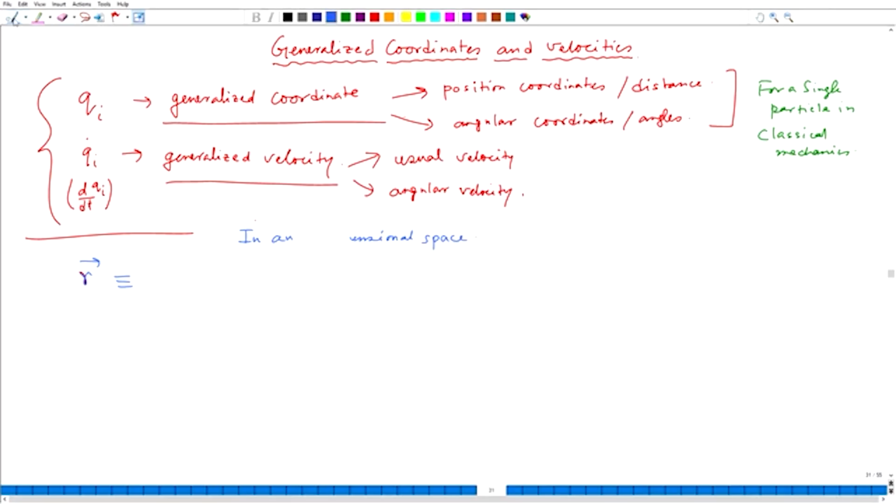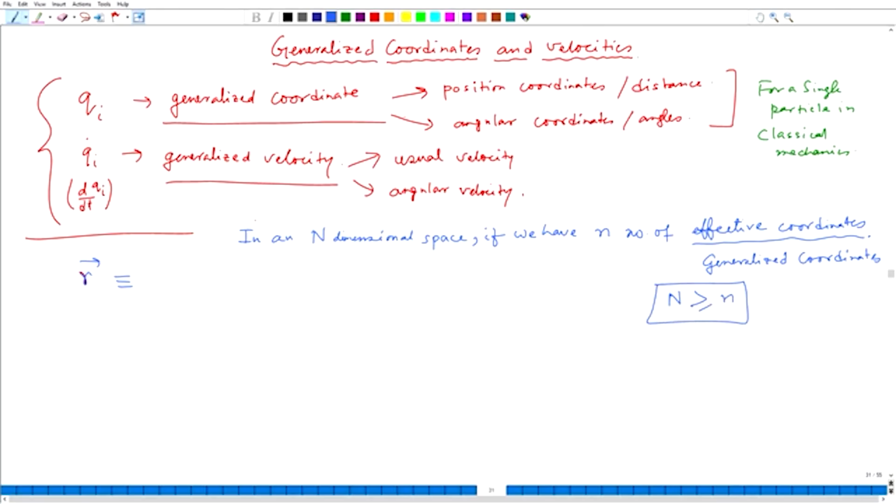In an n dimensional space, if we have small n effective coordinates, that means generalized coordinates, we know that N is greater than or equal to small n.